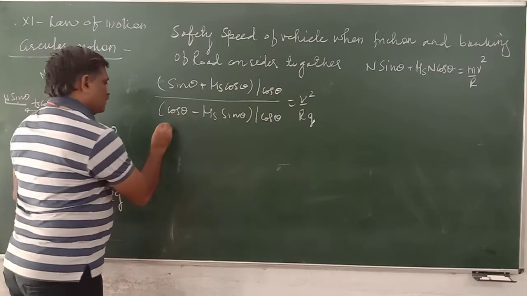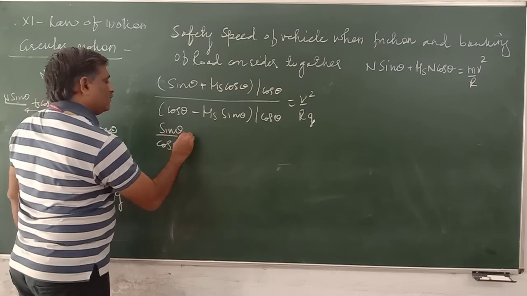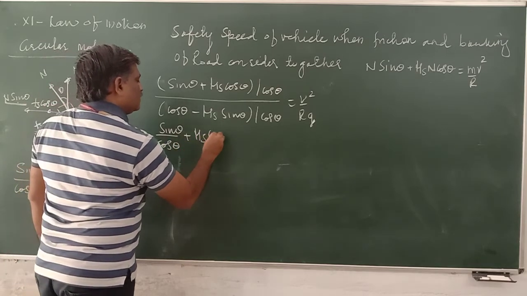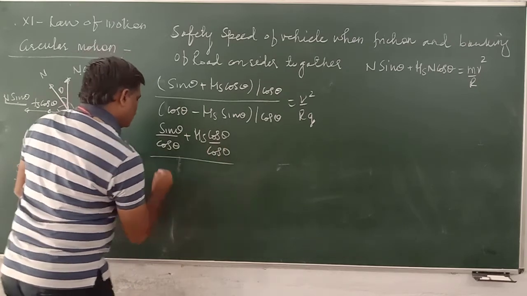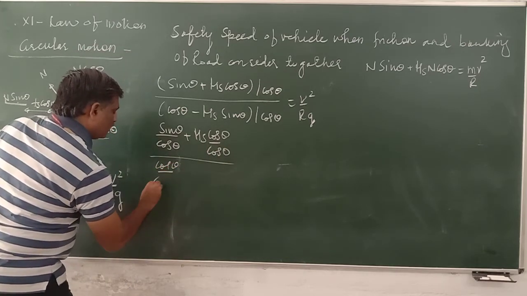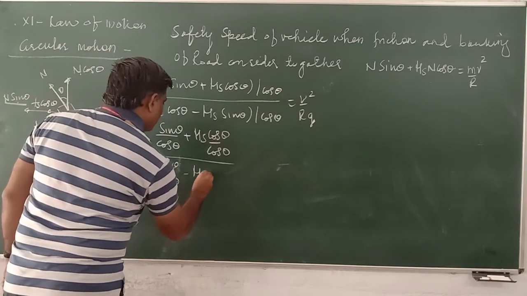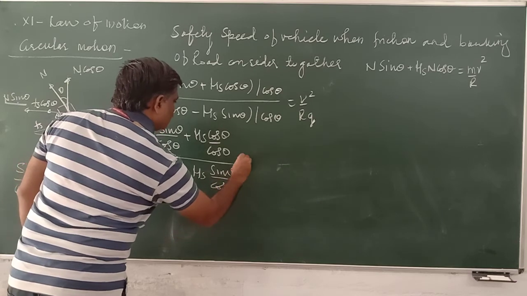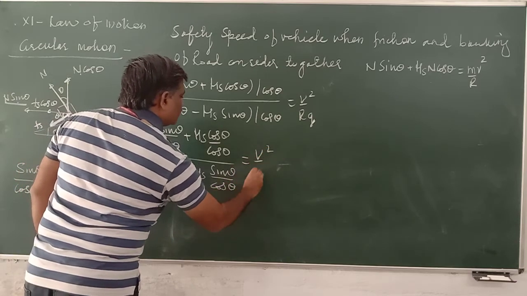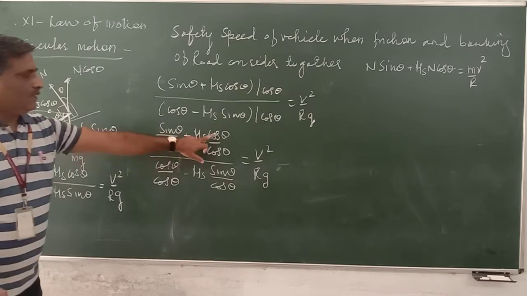Sin divided by cos becomes tan theta, cos theta by cos theta is 1.